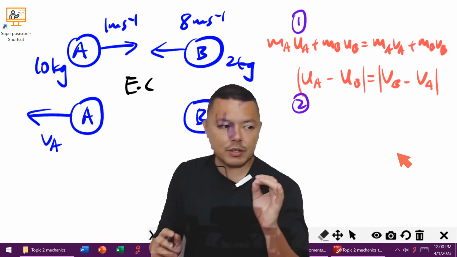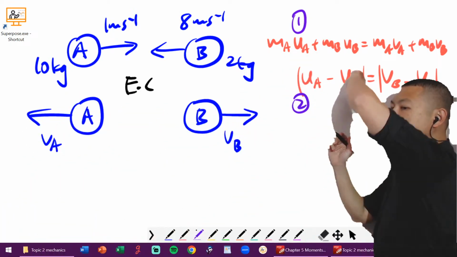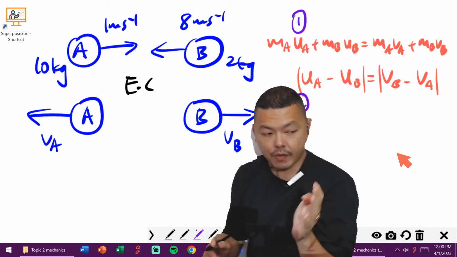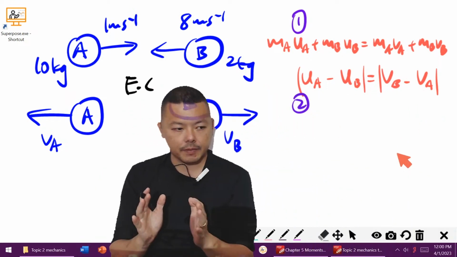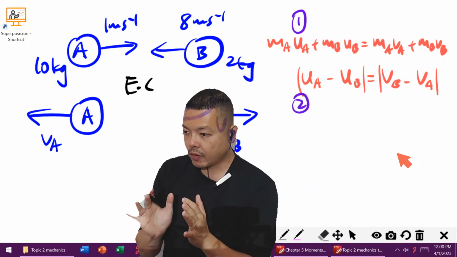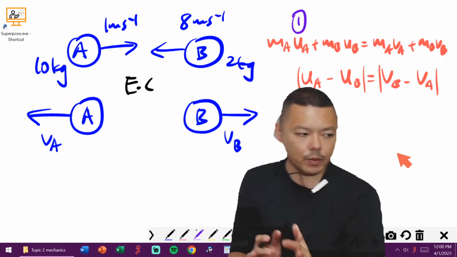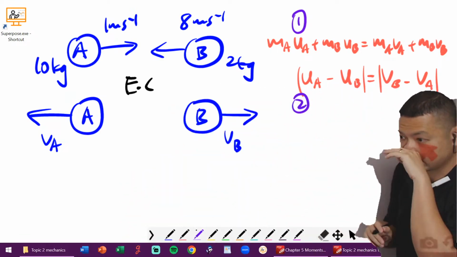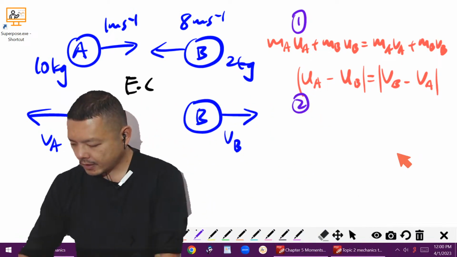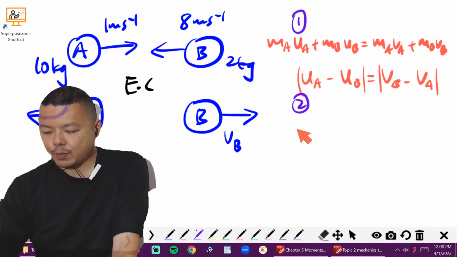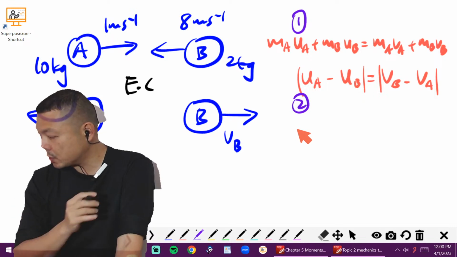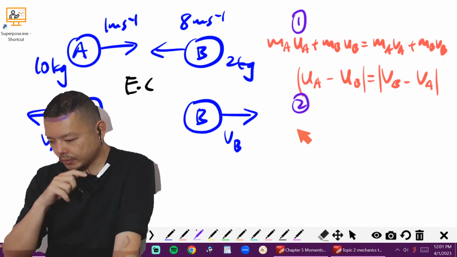Then you sub number two into number one, not the other way around. This is a very specific procedure for problem solving. If students do it the other way around, most of the time they get it wrong. So you always express one first and then sub two into one. Never sub one into two.